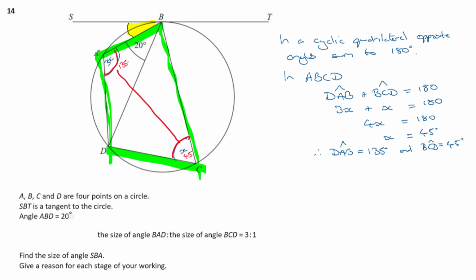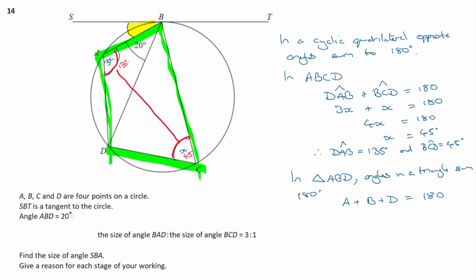So now, if you have a look in triangle ABD, angles in a triangle sum to 180 degrees, don't they? So I know A is 135, B is 20. So A plus B plus D is going to be 180.